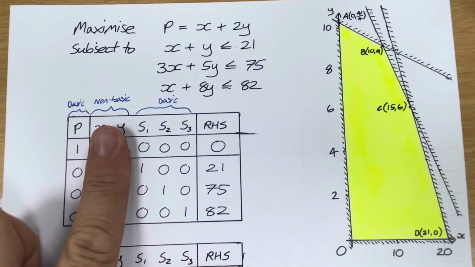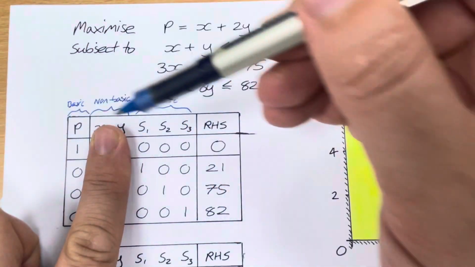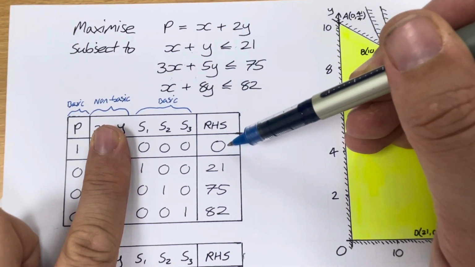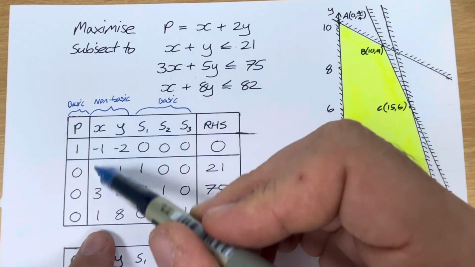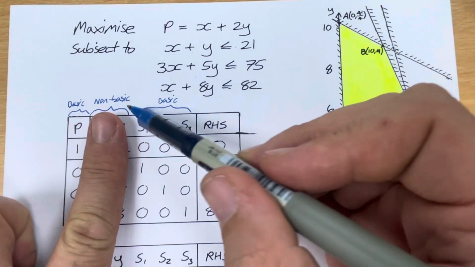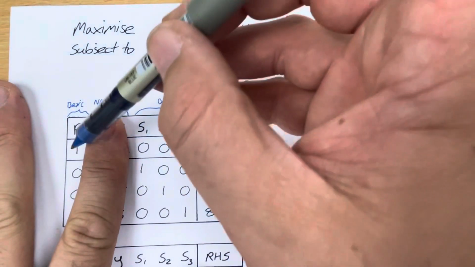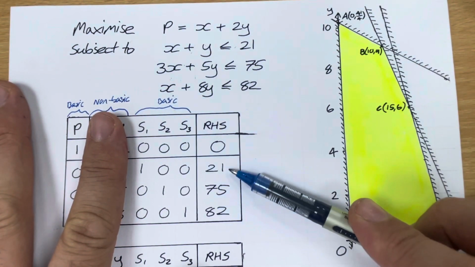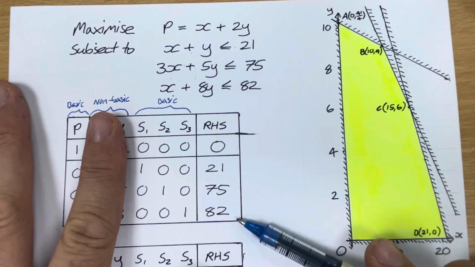matrix, if you like, of 1s and 0s. And what we can do is read off the 1 and read off the value on the right hand side. So if we're going to set x and y to be 0, which we are going to choose to do, because you always choose the non-basic variables to be 0, then what we are left with is P equals 0, S1 equals 21, S2 equals 75, and S3 equals 82.